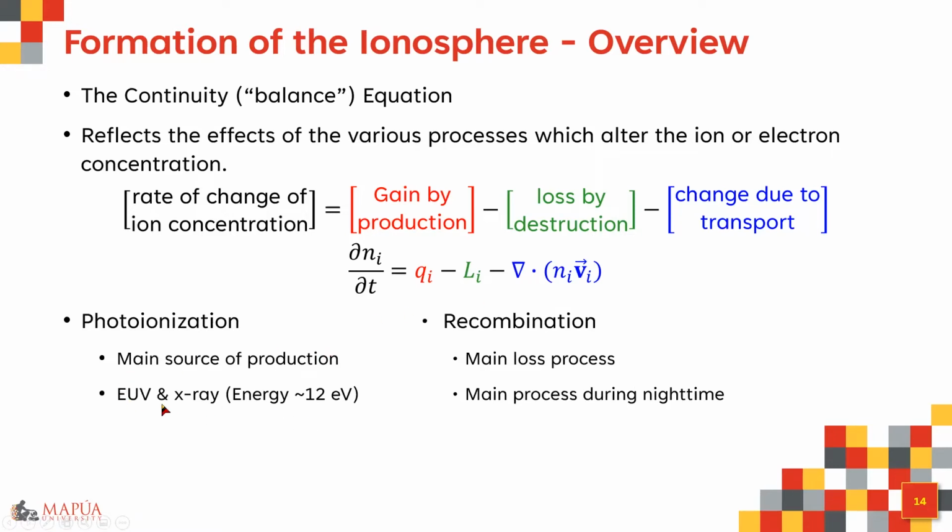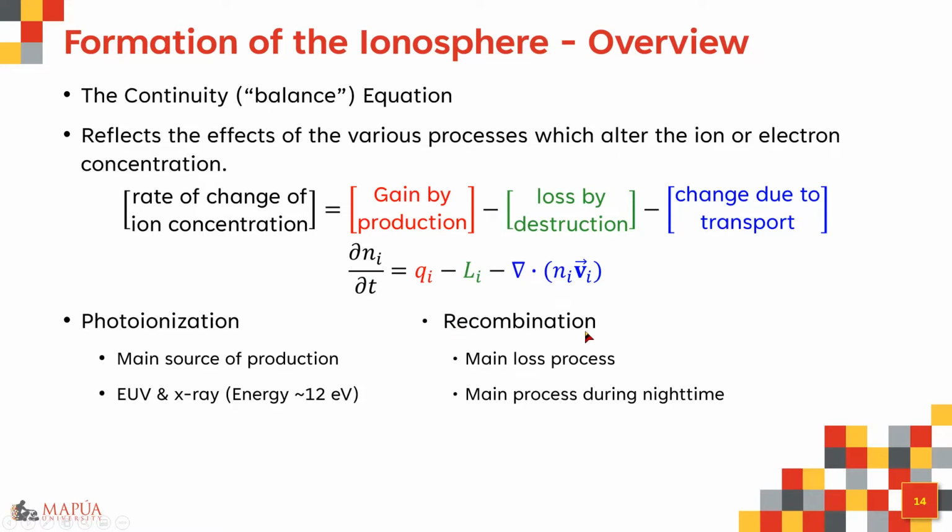As I mentioned earlier, electromagnetic radiation in the form of extreme UV and X-ray are the main sources of this energy. Of course, there are other sources of energy too that can ionize particles in the atmosphere, for example, cosmic rays. On the other hand, the main source of loss of charged particles would be recombination.